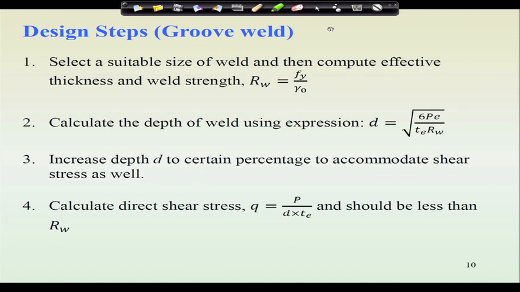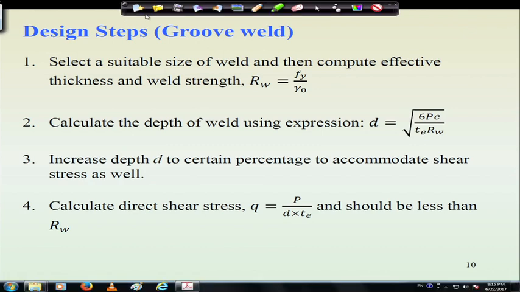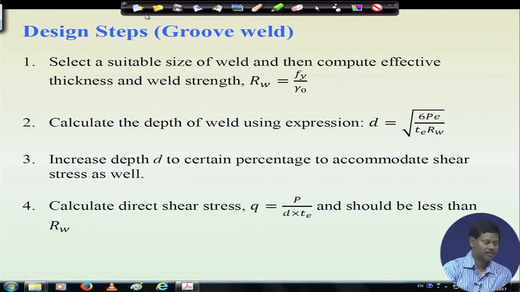Now, coming to the design steps. For designing of group weld, we can move forward in a similar way. First we select a suitable size of the weld, and then we can compute the effective thickness. Effective thickness of the group weld can be found from the thickness of the member.